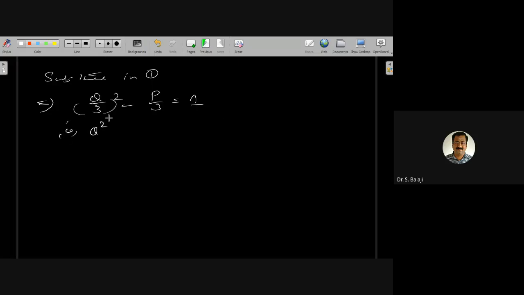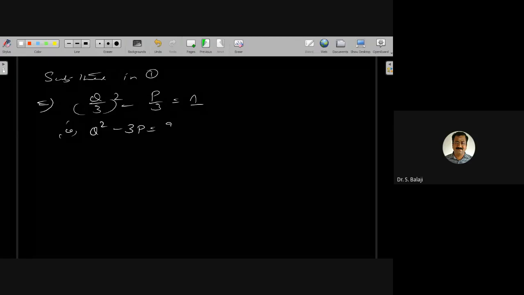That is Q² by 9 minus 3P equal to 9, of the form f(p,q) = 0.